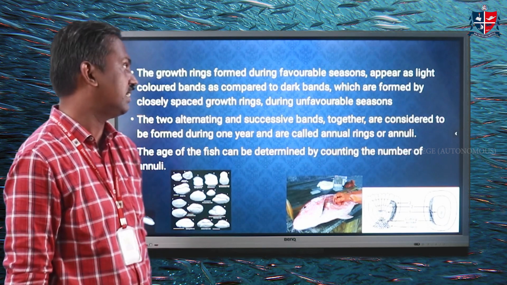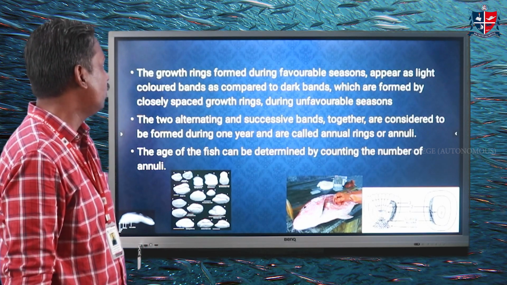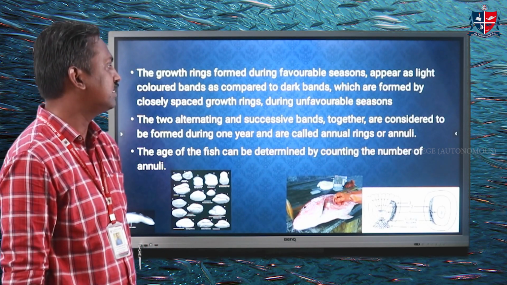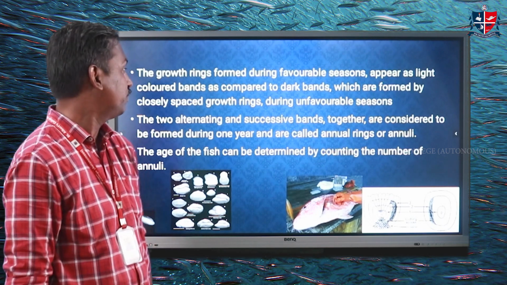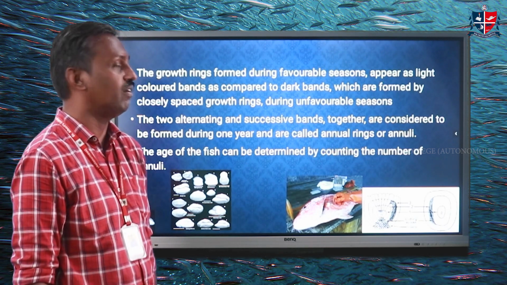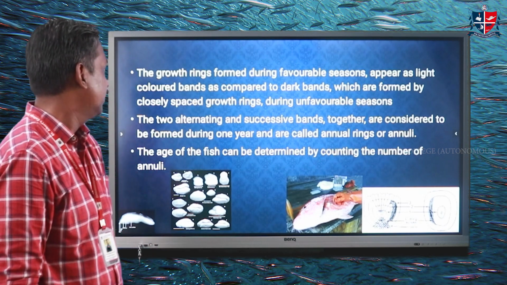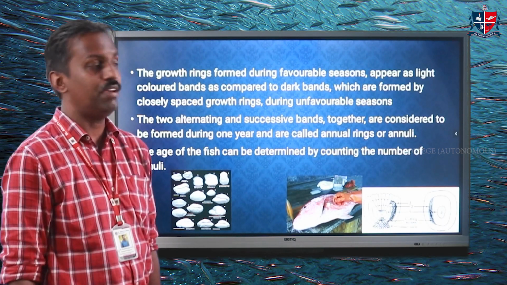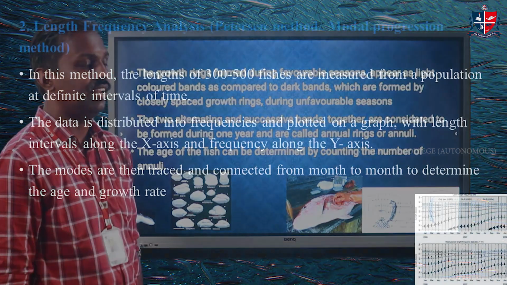The two alternating and successive bands together are considered to be formed during one year and are called annulus or annuli. The age of the fish can be determined by the number of annuli.